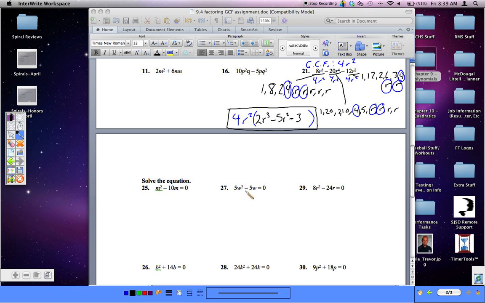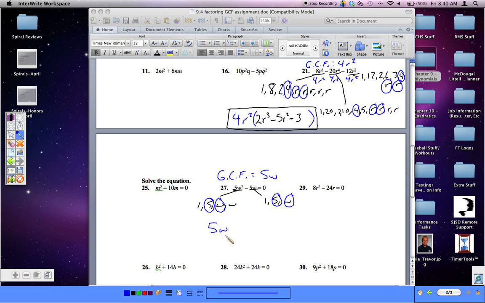Okay, let's jump down to 27, where we have to list the factors. That would be 1 and 5, w and w. This would be 1 times 5 and w. The greatest common one would be that they both share a 5, and they both share a w. That makes my GCF 5w.